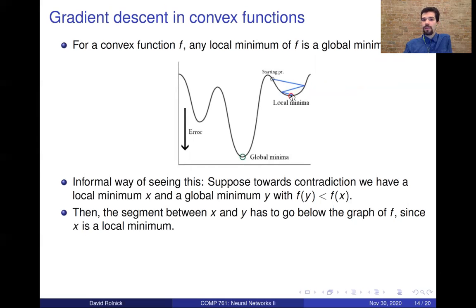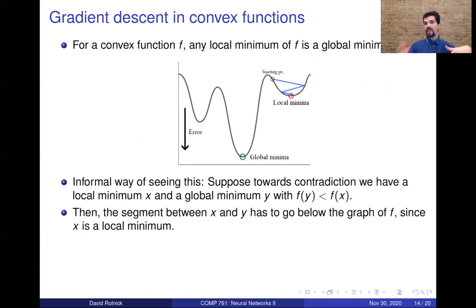Why? Well, because x was a local minimum, and so right around x, everything went up. So if you look at the segment, everything around x has to go up, so there had to have been a point above the segment. That's totally informal, but it's actually pretty close to a rigorous proof. We used our first definition of convexity: every segment has to be above the graph of the function.